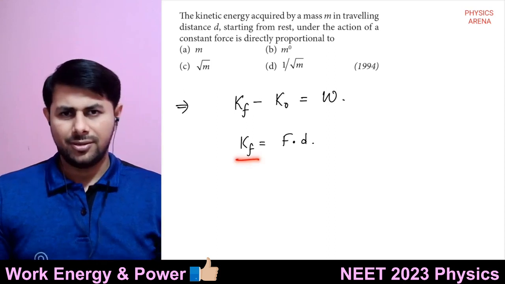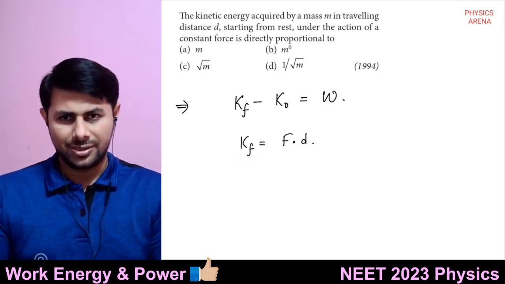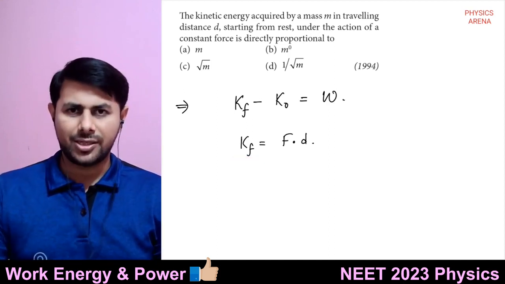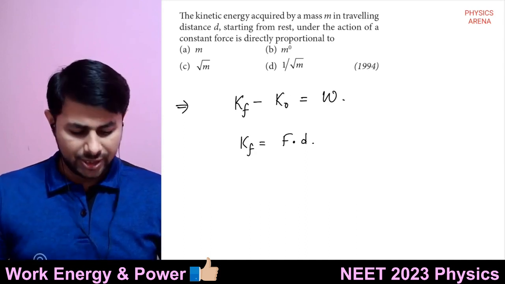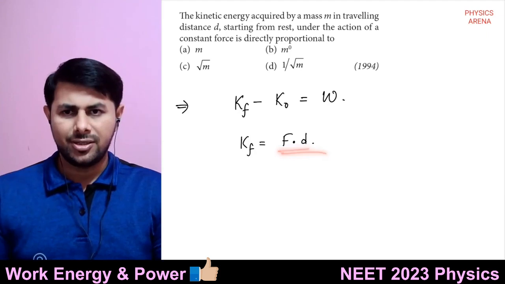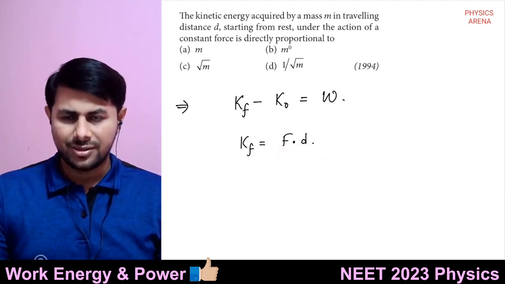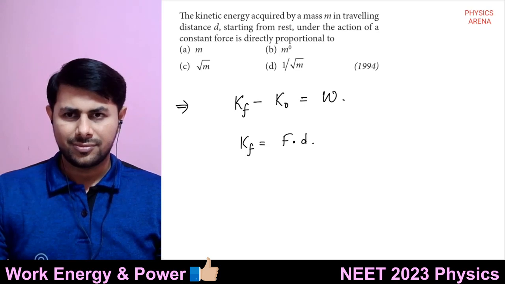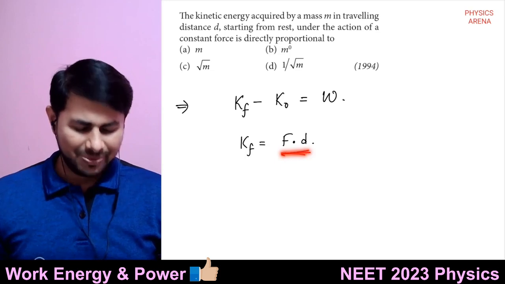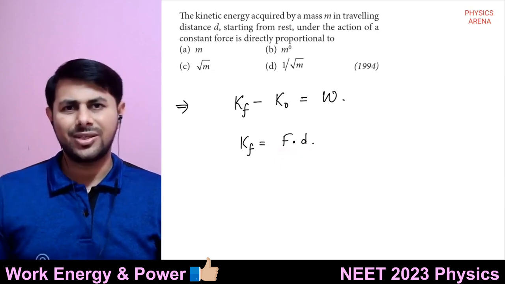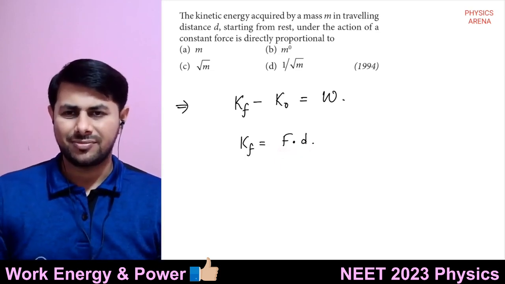The kinetic energy of any object which you are pushing with a constant force in the same direction is equal to F times d, force times displacement. So it doesn't depend on mass. It depends on force and the displacement only.